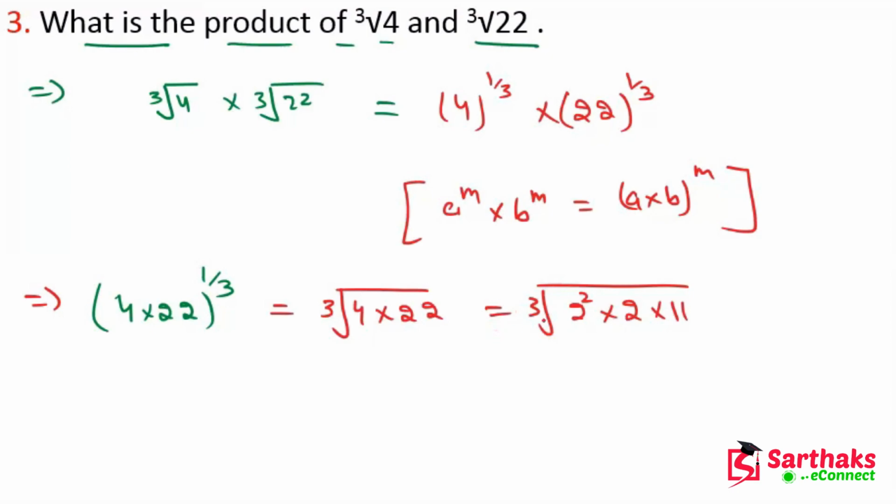So this will become the cube root of 2 raised to power 3 into 11. And from this we can write it as 2 into cube root of 11. So this is the required answer. I hope you understand these things.